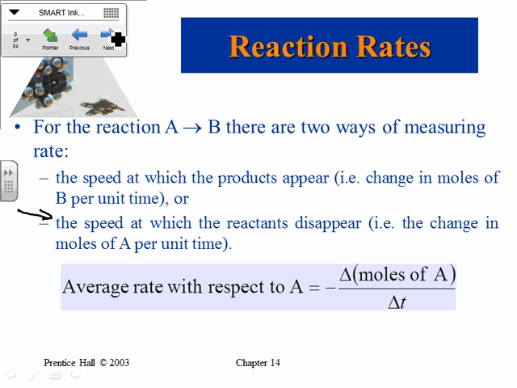Okay? And so if we wanted to measure that, then we would take the negative of the change in the moles of A over the change in time. Okay? And the reason for that is because we want a positive rate. If you measure the change in the moles of A, that should give you a negative number.